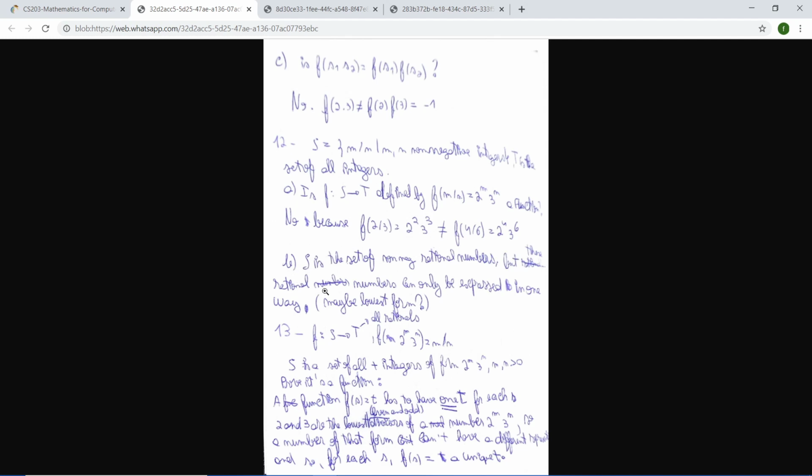And for part B, I said that I would restrict the set S so it can only be represented in the lowest form, or they can only be expressed in one way, and I thought maybe the lowest form.